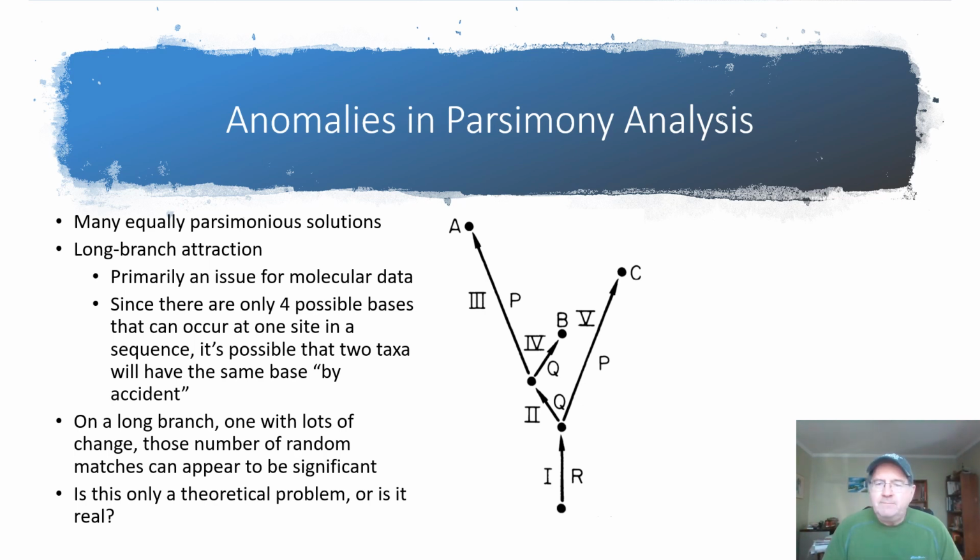It's a topic for another time, but basically, the point I'm trying to get to is that with morphological characters, there's usually no real basis to say that a change from 1 seta to 2 is any different fundamentally than the change from a wing with a pointed tip and a wing with a rounded tip.